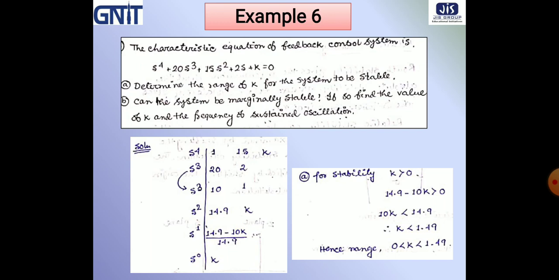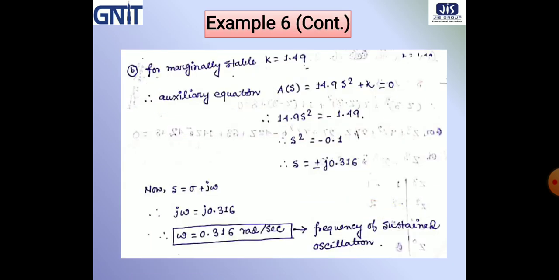So the range of k for the system to be stable is k ranging between 0 to 1.49. Now in question number B, can the system be marginally stable? If so, find the value of k and the frequency of sustained oscillation.